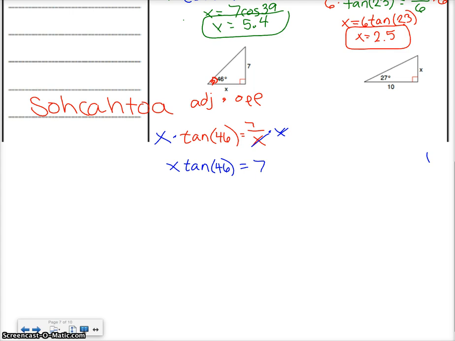Again, looks super fancy, but it's just normal algebra. And what am I doing to x and tangent? Am I adding, subtracting, multiplying, dividing? Right now it looks like multiply. To get rid of multiply, I divide. So instead of multiplying by tan 46, I'm going to divide both sides by tangent 46.